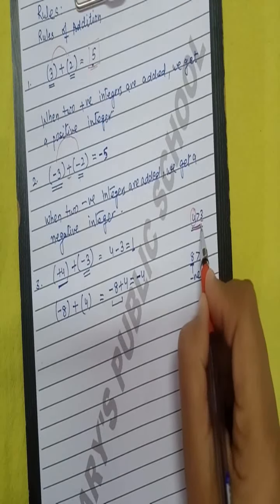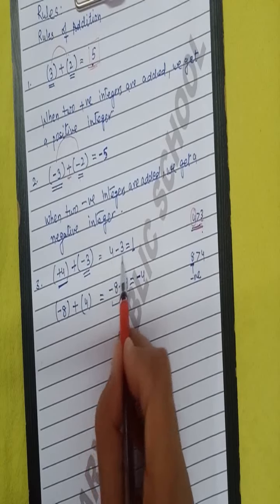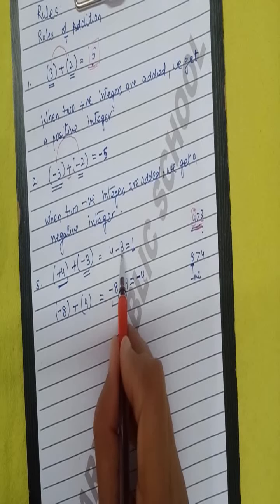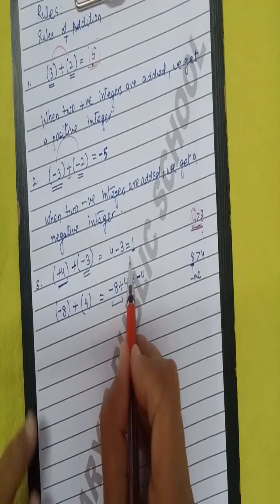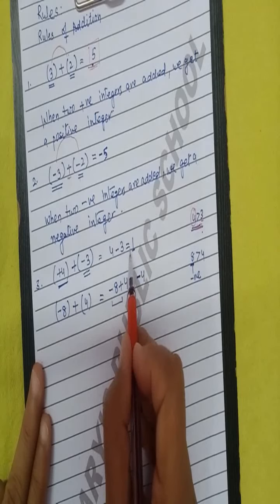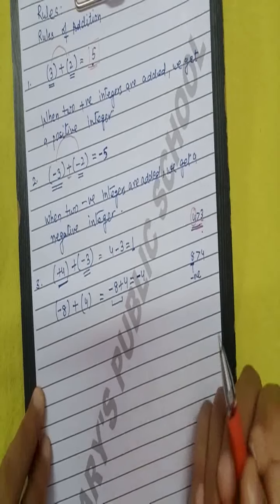Here 4 is a positive number greater than -3, so before the answer we put a positive sign. If the number is positive, there is no need to write a plus sign.